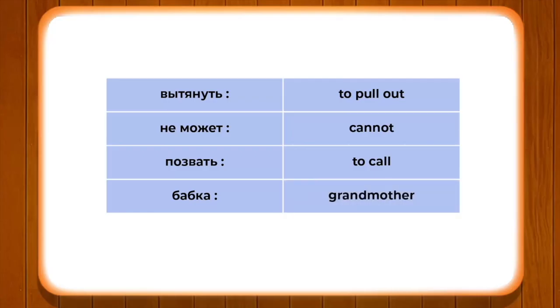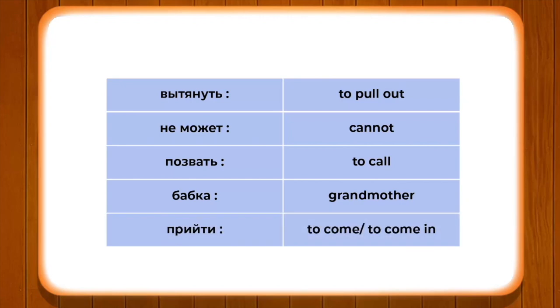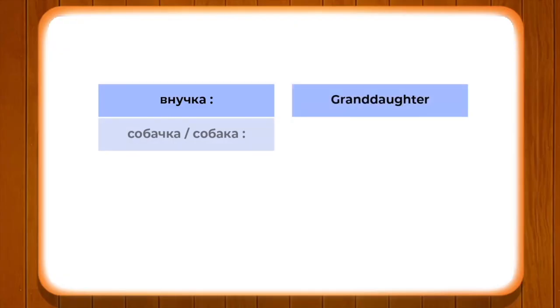In Hindi we know it as dadi ma or dadi ji. Next word we have preechi. Preechi means to come in or to come. Next word, vnuchka. Vnuchka means granddaughter. The next word is sabachka or sabaka. That means dog or doggy.